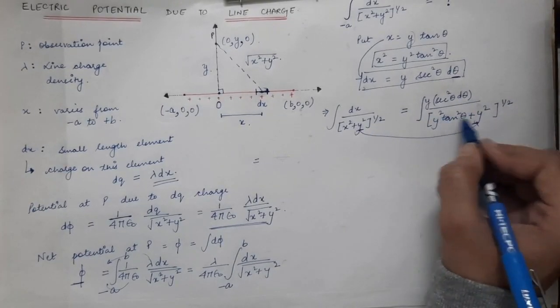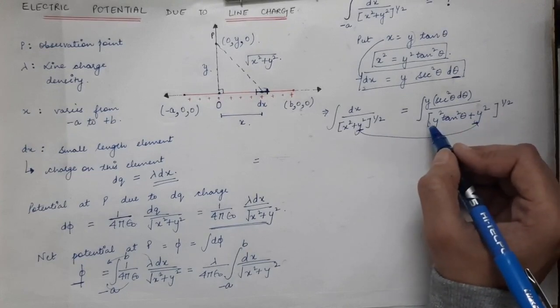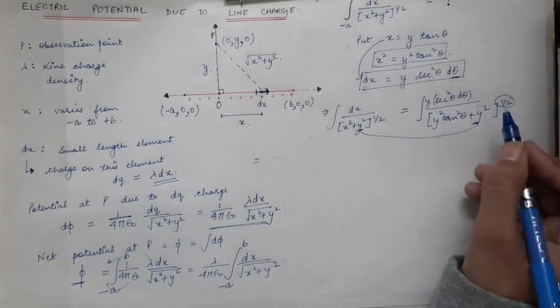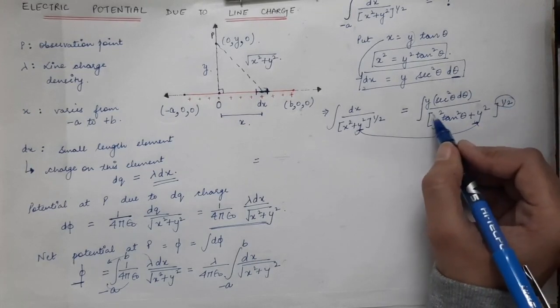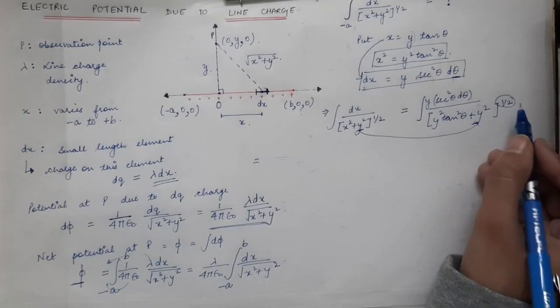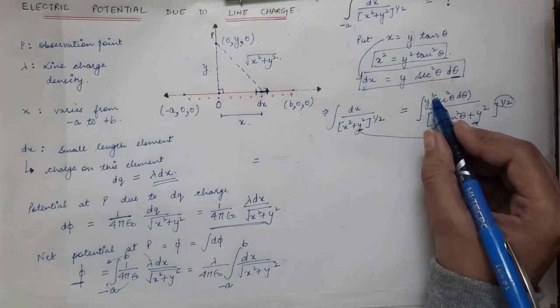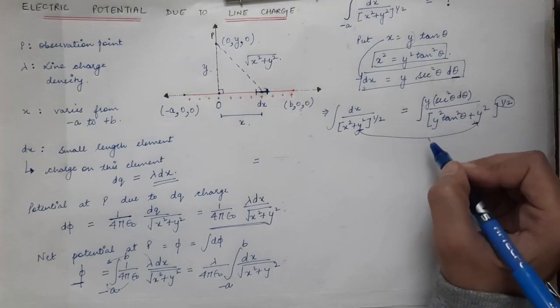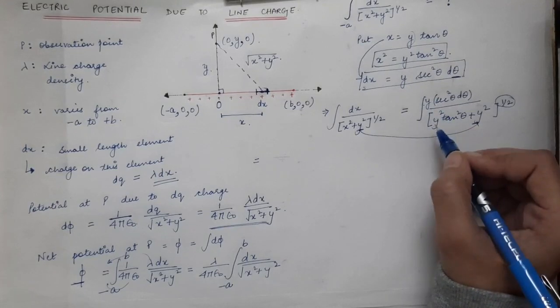Now from here y square can be taken outside this bracket. When you take y square common, you have to take into account this power also. So when you take y square outside, you will get y square power 1 by 2, that is nothing but equal to y. So that y and this y will cancel with each other.